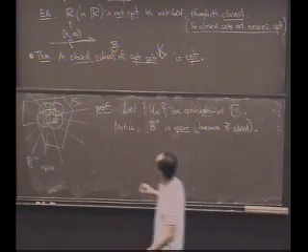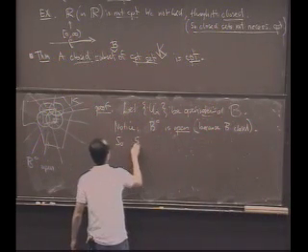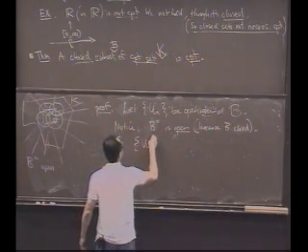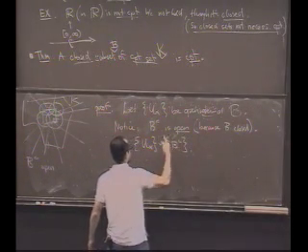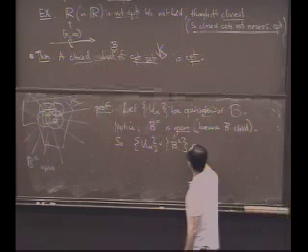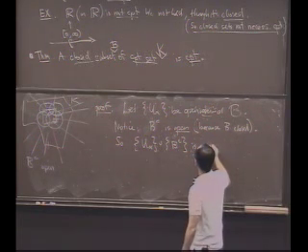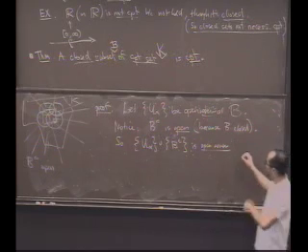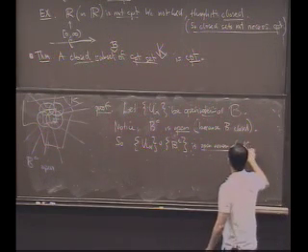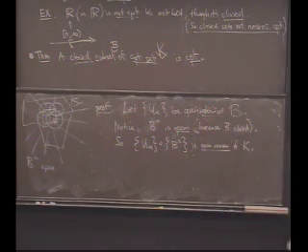So, the U alpha union a set containing B complement is an open cover of K. Happy with that?